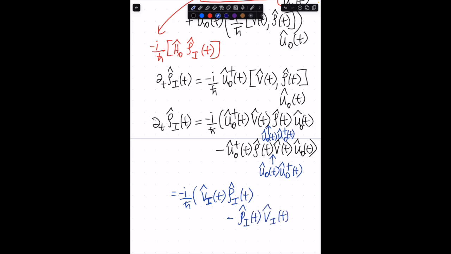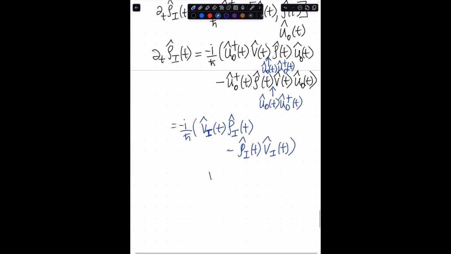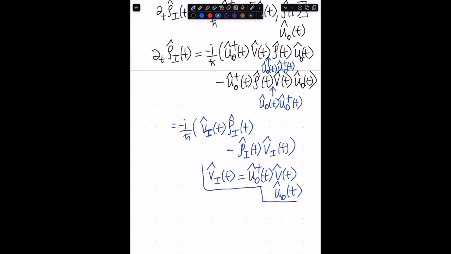Now, just to recall, this perturbation in the interaction picture has been defined as U hat 0 dagger(t), with respect to the matter Hamiltonian or the zeroth order Hamiltonian, v(t), U hat 0(t). So this is how we define the perturbation in the interaction picture.